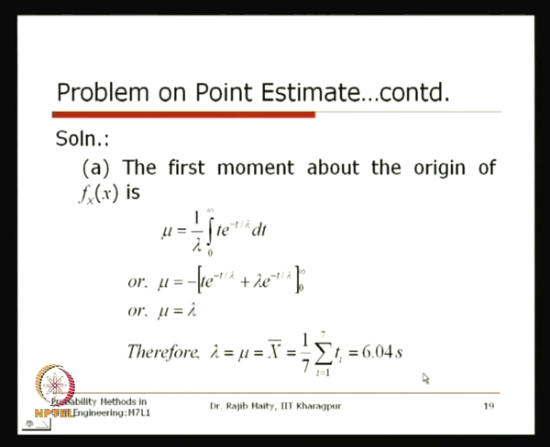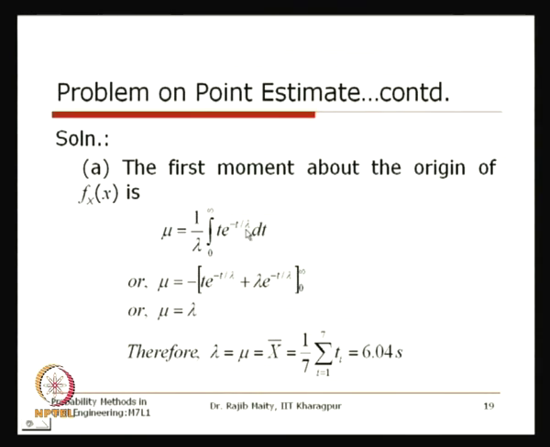So first, the method of moment, where we take the moment with respect to the origin and equate it with the mean. The first moment that we discussed in the earlier classes is t multiplied by the distribution, integrated over the entire support, and for this exponential distribution the support is 0 to infinity.